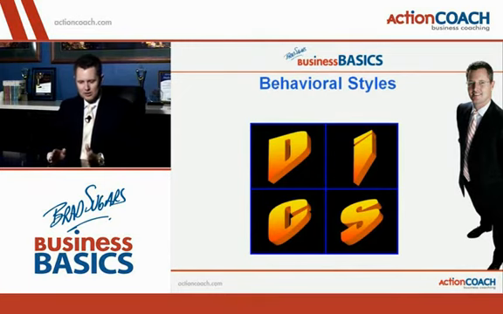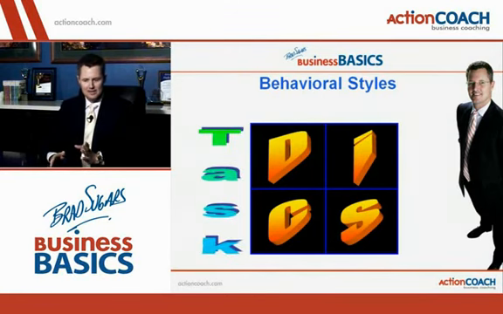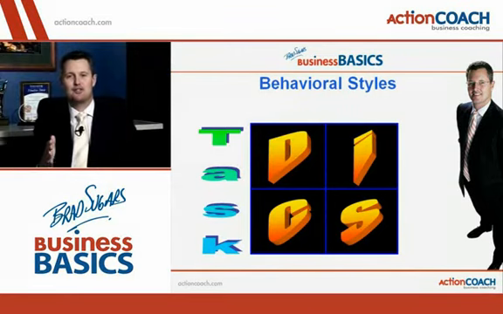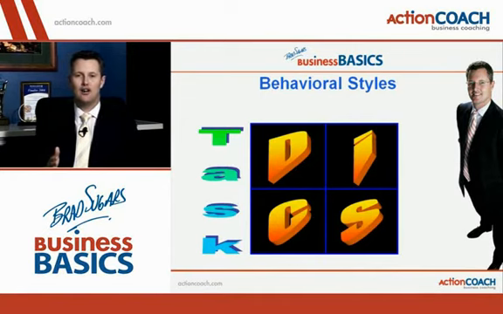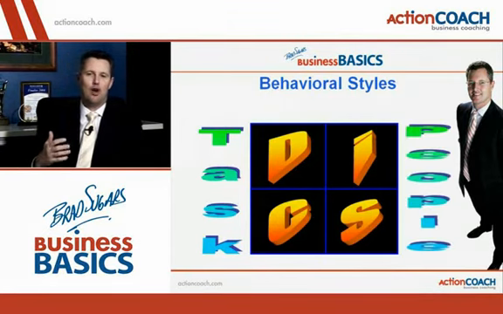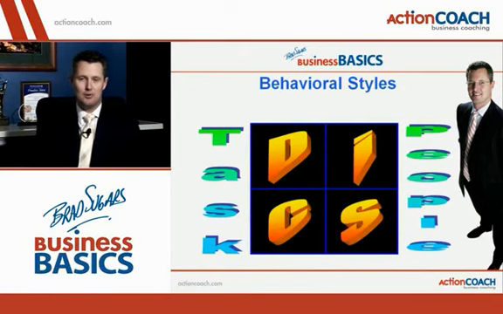If you take a look at this graph here, what you'll see is a very simple thing. Our D's and C's are what we call our task-oriented people. Then we go over to the other side, our high I's and our high S's, they're the people-oriented people. So these are the more people-oriented, friendly type people.